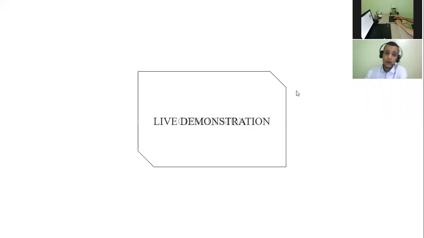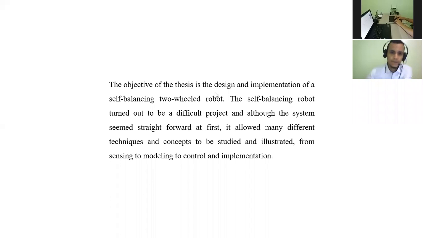Conclusion. The objective of the thesis is the design and implementation of a self-balancing two-wheeled robot. The self-balancing robot turned out to be a difficult project, and although the system seemed straightforward at first, it allowed many different techniques and concepts to be studied and illustrated, from sensing to modeling to control and implementation.